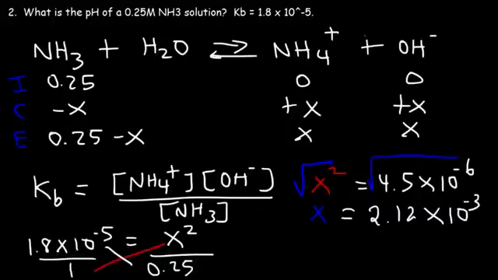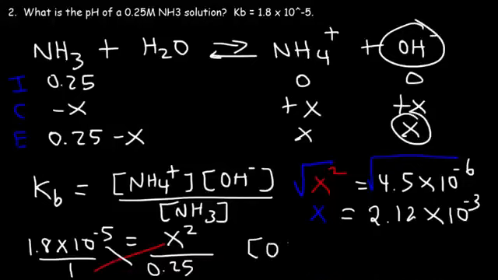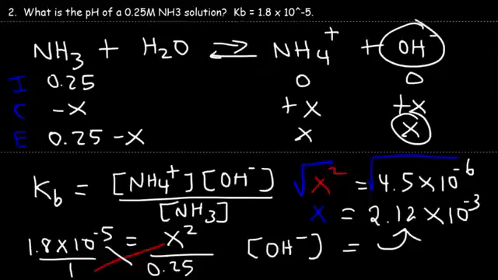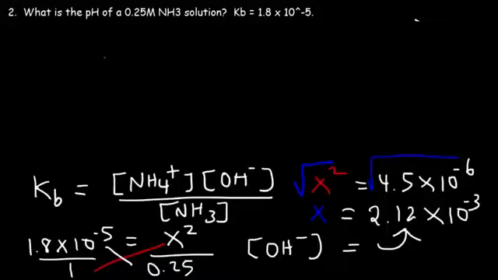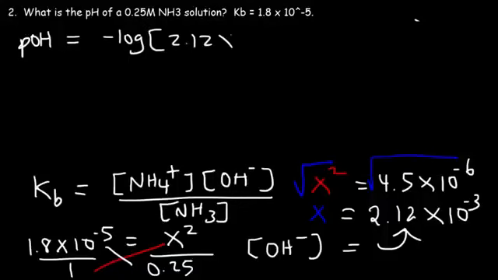Now that we have the value of x, we have the concentration of hydroxide, which means we could find the pOH of the solution. So the pOH is negative log of the hydroxide concentration, or of 2.12 times 10 to the minus 3.